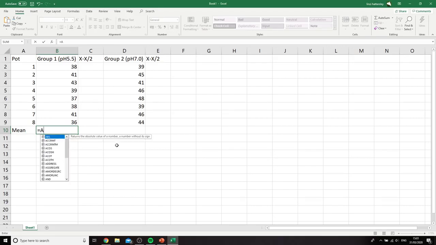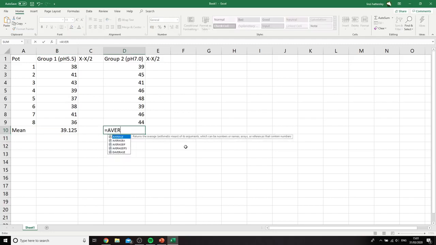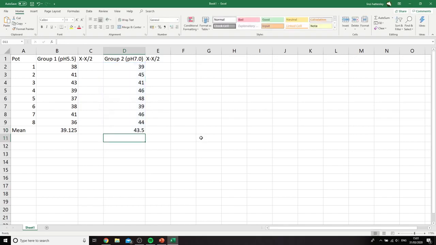Now I'm going to put AVERAGE, open the bracket, click and hold and drag down to the bottom, close the bracket, press enter. Do the same for the other group. Close, enter. There we go.